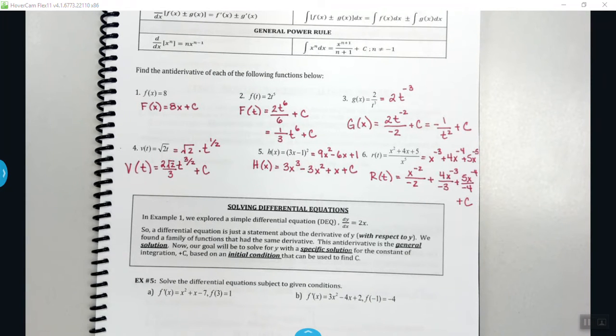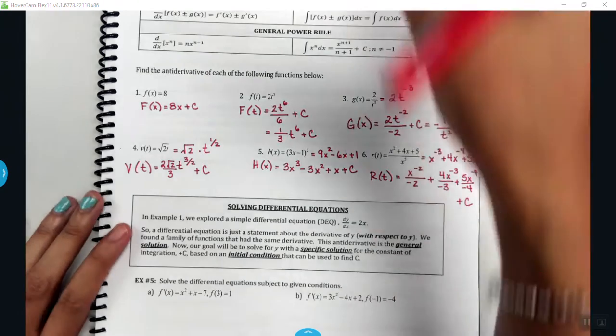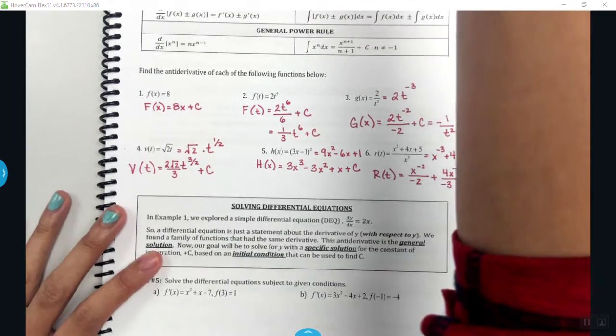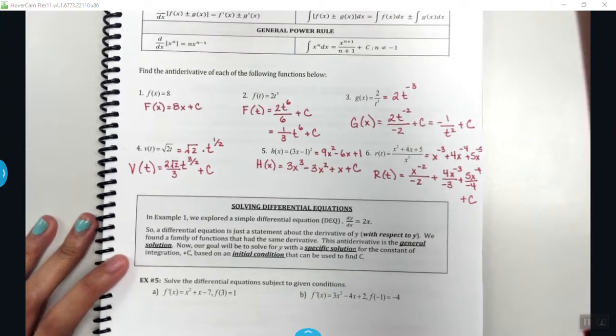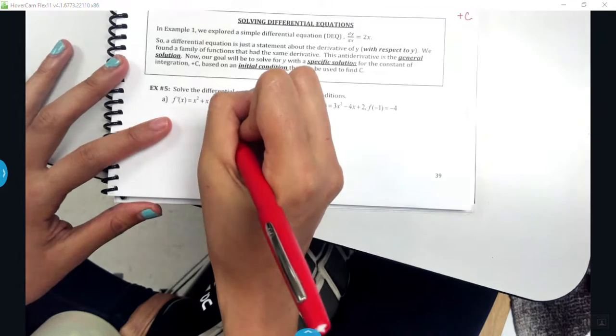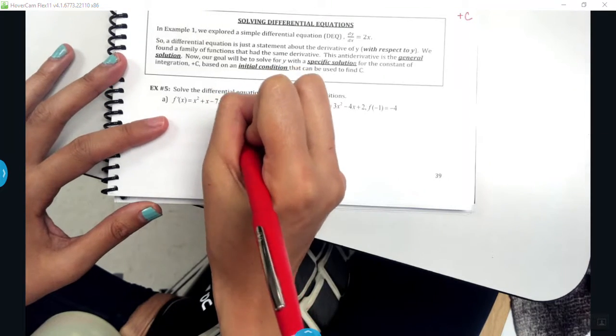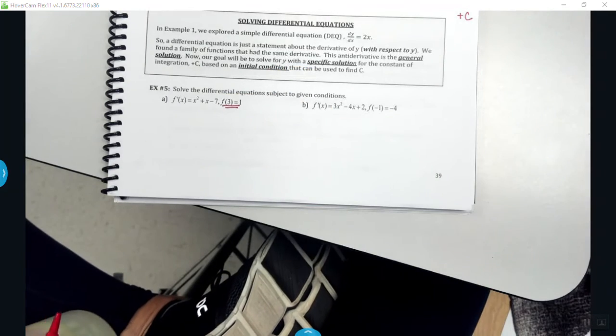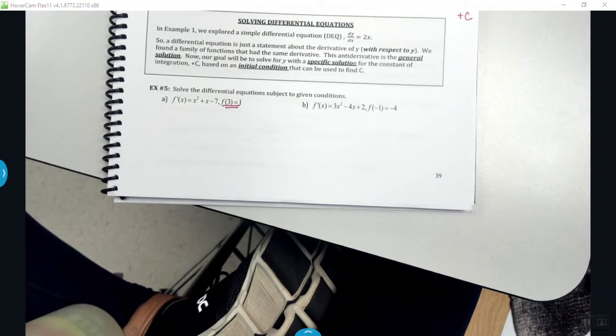Okay? All right, last 2 questions and then we're done for today. So, how do you figure out what plus c is, right? In order to figure out what plus c is, they're going to give you some sort of point that you can use to find c.